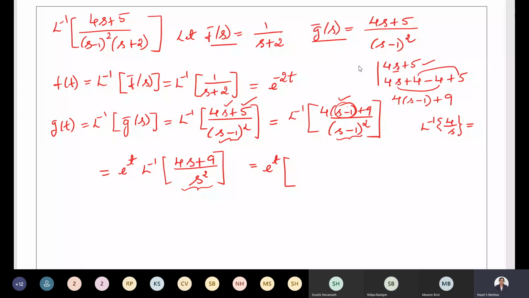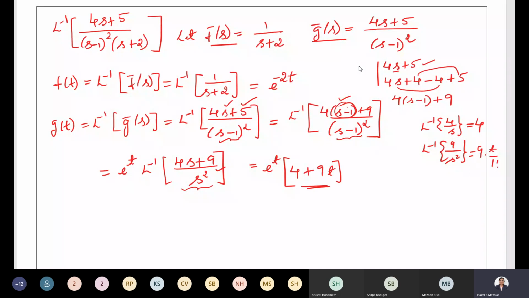Plus the second term, L inverse of 9 by s square. 9 you can keep as it is. L inverse of 1 by s square is t power 1 by 1 factorial, which is nothing but t. So we will get 9t here. So this is nothing but g of t.